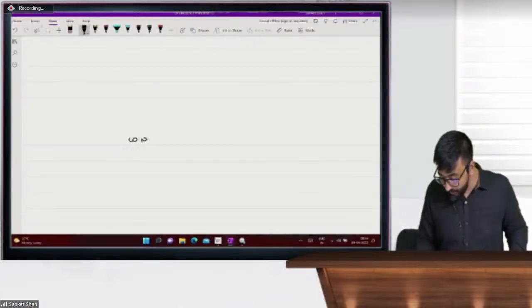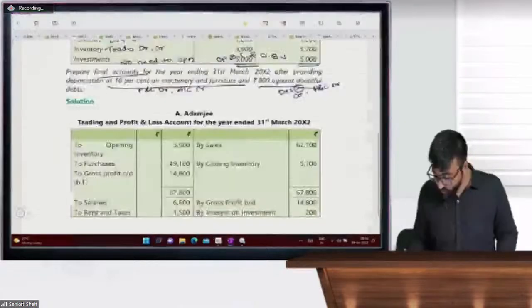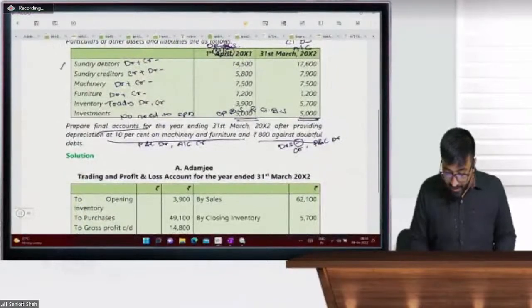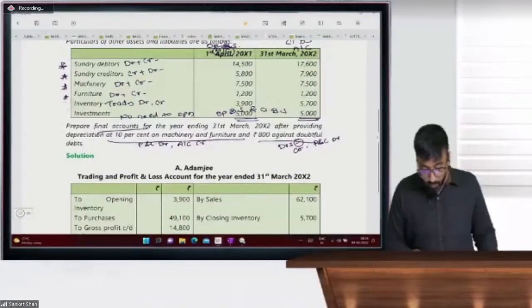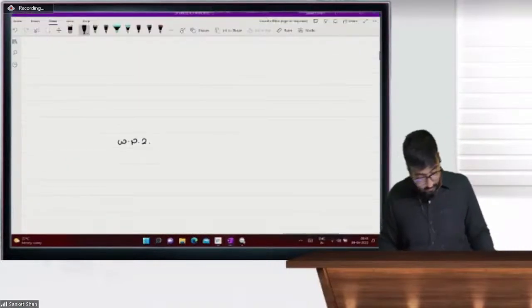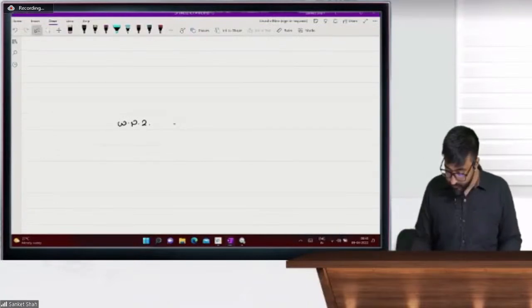Working note 1, statement of affairs. Line by line, beta: debtors account, creditors account, machinery account, furniture account. 4 accounts. Debtors, 6 lines.